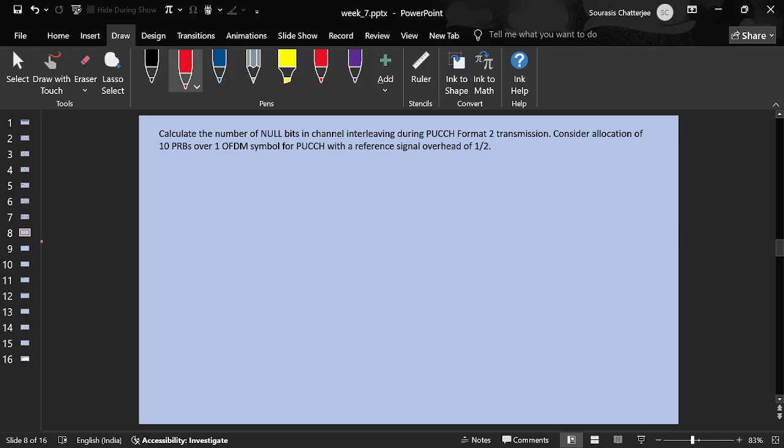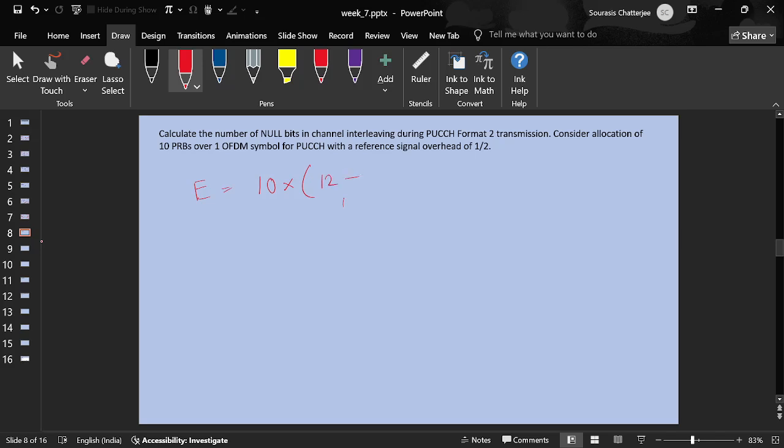First I have to calculate E, the number of resource bits that are allocated. Okay, and how do I do that? Number of PRBs, 10. In 1 PRB, how many subcarriers? 12.